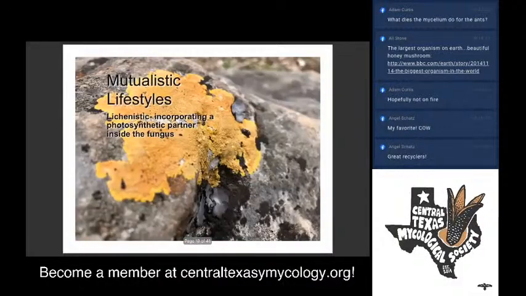Okay, back to the lichens. A little bit about lichens: they are some of the primary decomposers of the minerals that they exist on, and they exude their chemicals to take up some of the phosphorus and some of the minerals that are inside the rocks themselves.